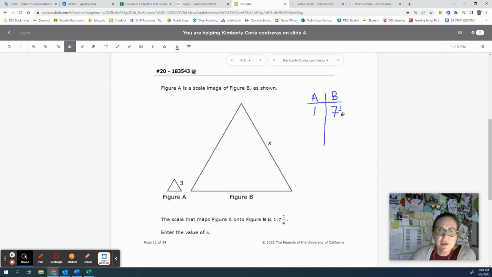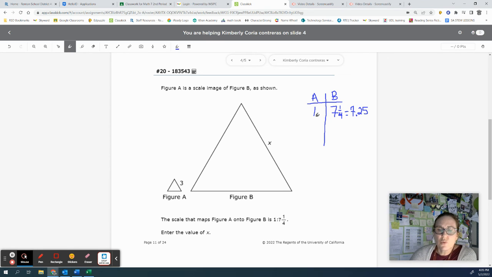Now the big thing here is that you're allowed to use a calculator, but they don't usually have fractions on calculators. So you have to know that that's the same thing as 7.25. You can figure that out by using a calculator. You can say 1 divided by 4 and you'll get 0.25. So 7.25. Okay, we want to figure out what the value of x is.